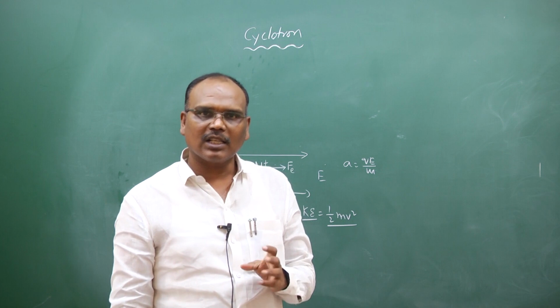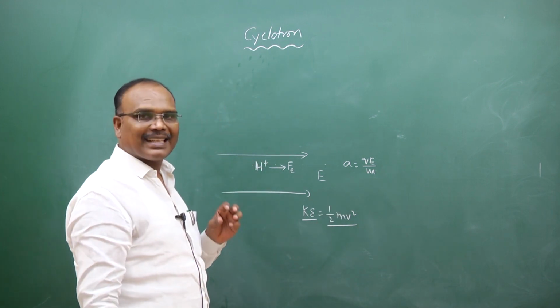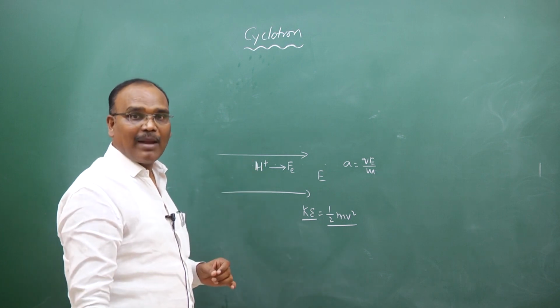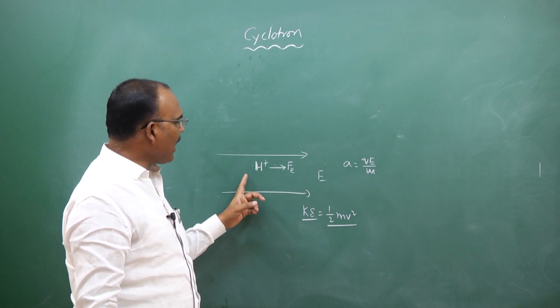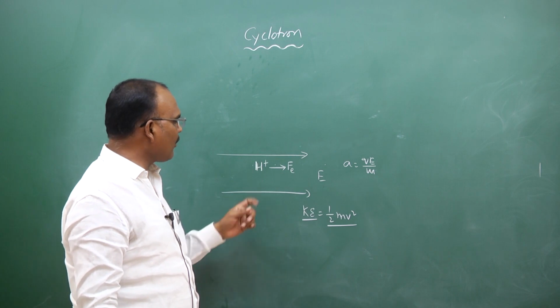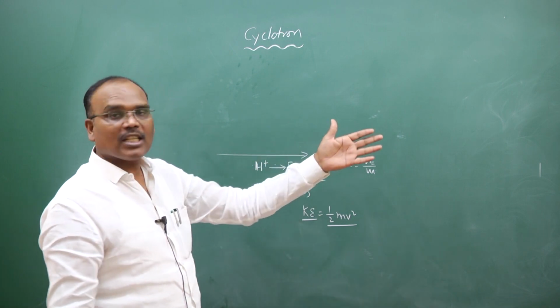Impossible. So we need to arrange the setup in a small region, and that is possible with the cyclotron. Even by applying only an electric field we can increase the kinetic energy of the ions, but we require large space.